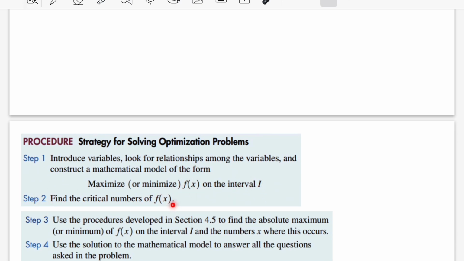Then we're going to find the critical numbers of our functions, and then use the procedures that we saw in the last section to find the absolute maximum or minimum, and the values where this happens. And then we want to make sure that whatever solution we found in step 3 actually answers all the questions in the problem.